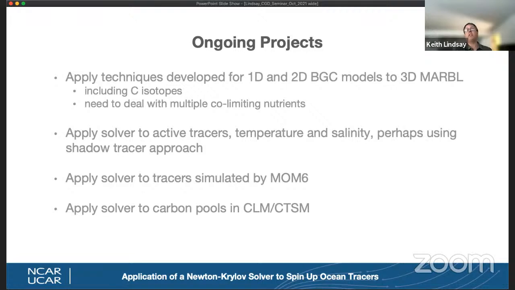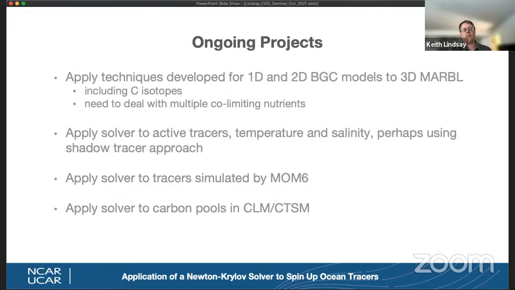One of the challenges with doing this is needing to deal with co-limiting nutrients, which complicates the application of what was developed in 1D. Another ongoing project is applying this to the active tracers, temperature and salinity, perhaps using the shadow tracer approach.